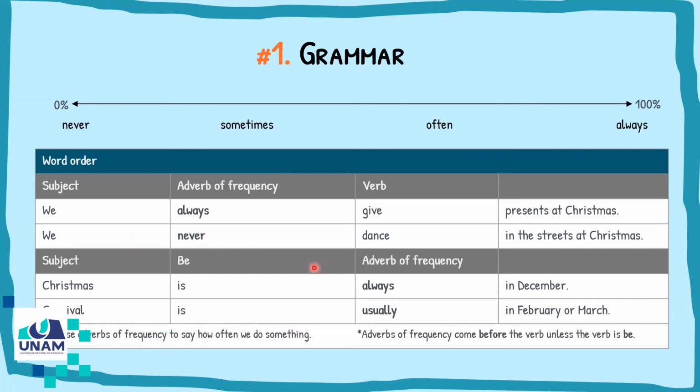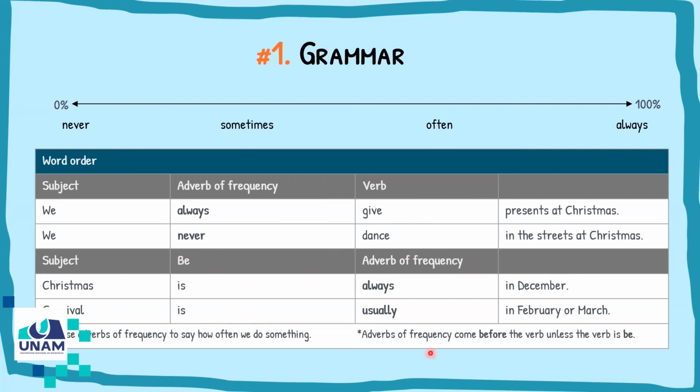Luego tenemos otra regla: el adverb of frequency va después del verbo be, ¿no? Como hemos podido ver, en este caso va antes del verbo, pero cuando se trata de be, va después. Navidad es siempre en diciembre. Siempre en diciembre, ¿no? 100% de probabilidad de que esa actividad se celebre.